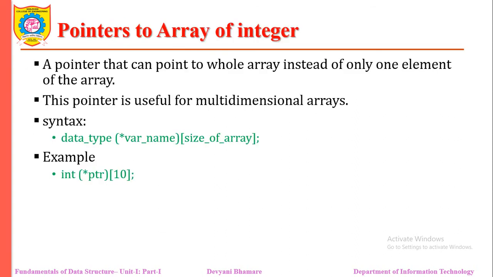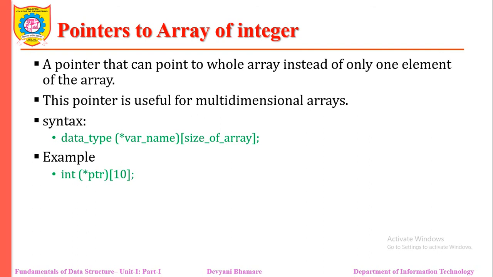But if you want to make this a pointer to an array of integers, then what do we need to do? The parentheses around this indirection operator are compulsory because subscript has higher precedence than indirection.